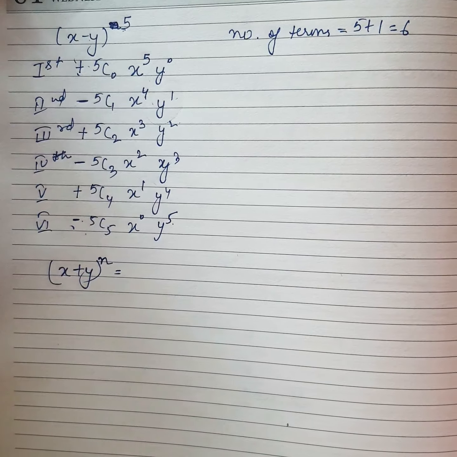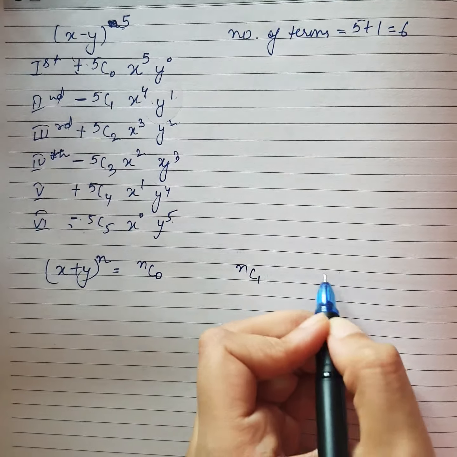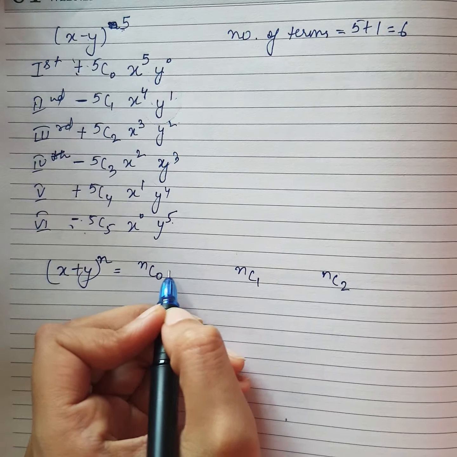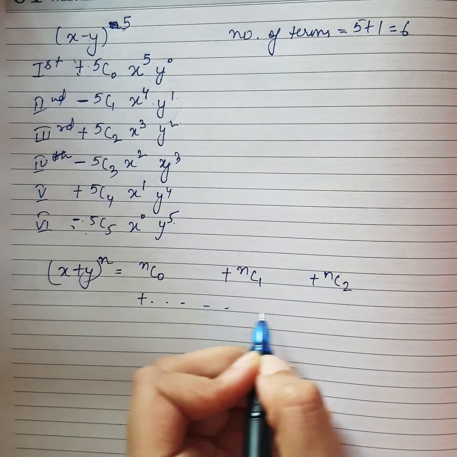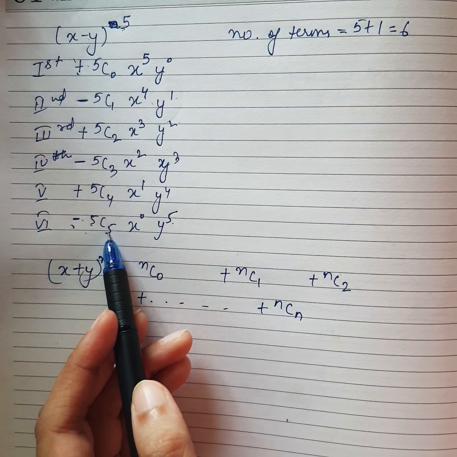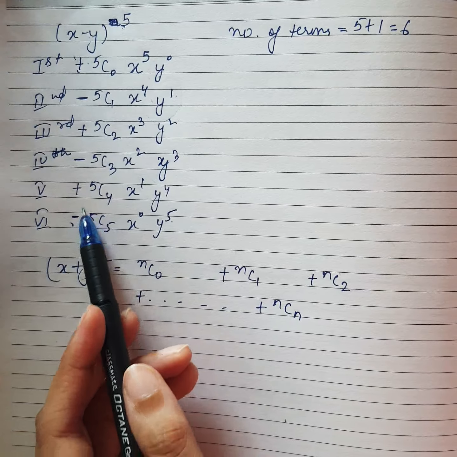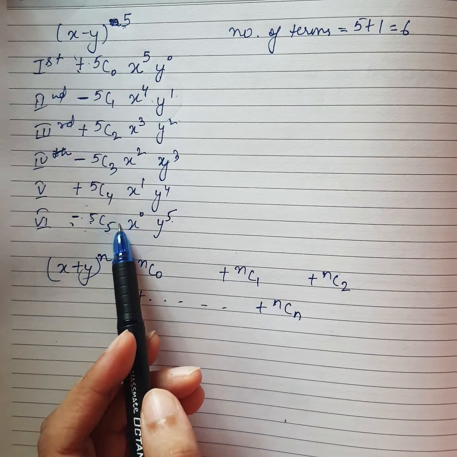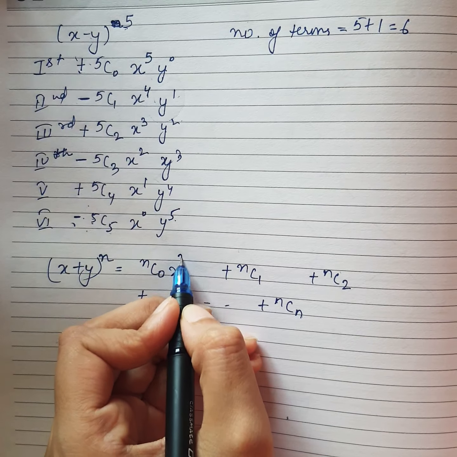Suppose I am having n. nc0, nc1, nc2, till ncn. Where do we stop? Like 5c5, ncn, when the upper suffix is the same as the lower suffix. Then the first term will be in decreasing power.